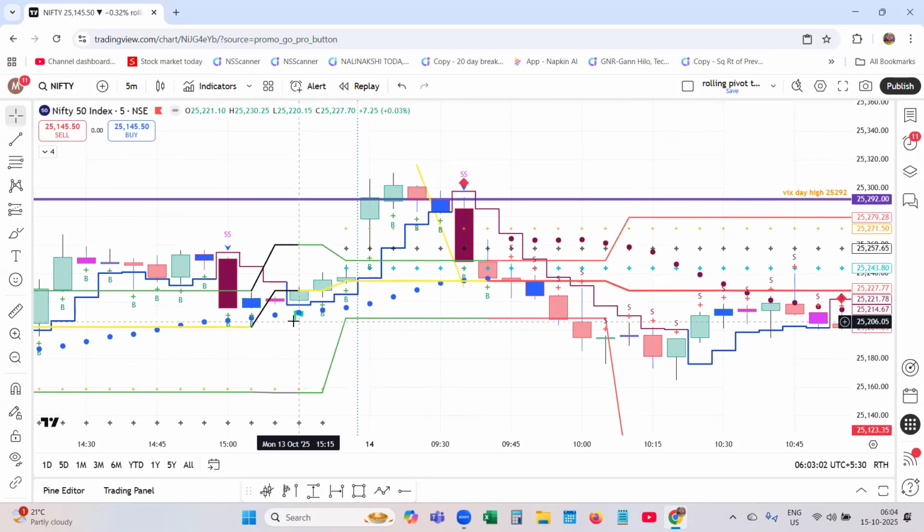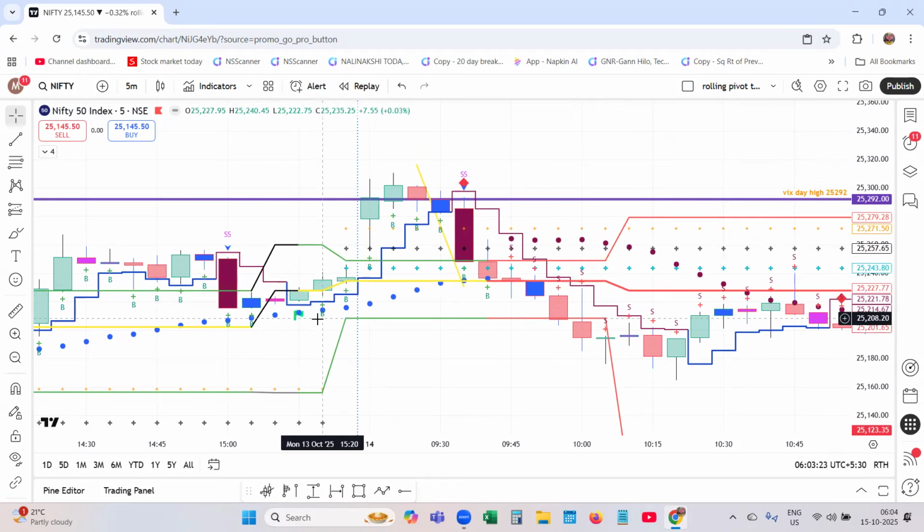Rolling pivot is green, both in combination. They are coming together. This longer period Gann HiLo, shorter period Gann HiLo, and the price is above the pivot. Then the buy signal will generate.